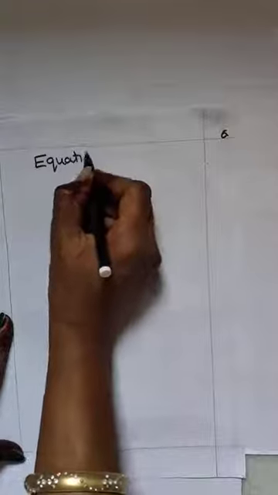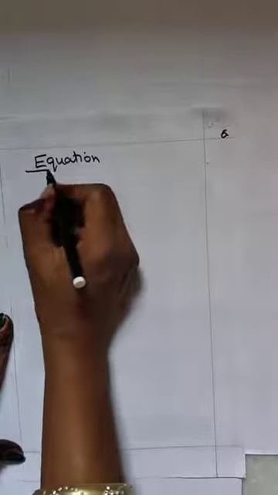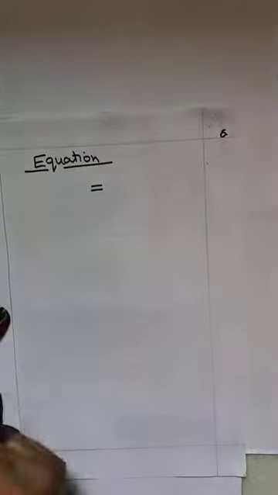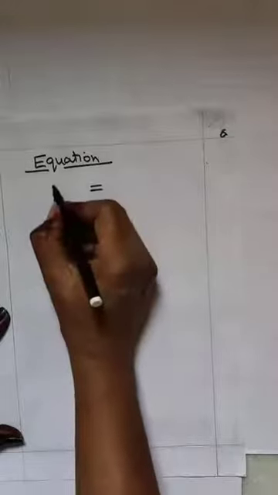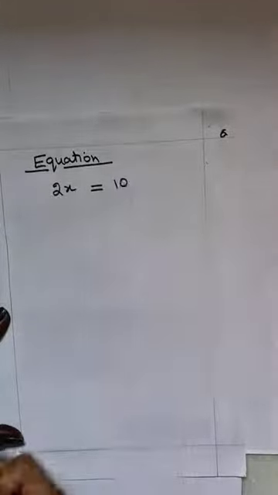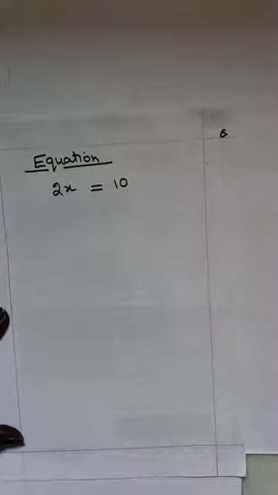Now it comes, what is an equation? In very layman's language, in an equation there is always an equal sign between the left hand side and right hand side. Suppose it is 2x equal to 10. This is an equation.